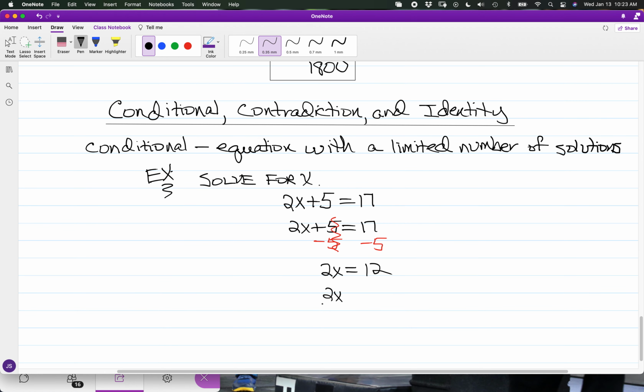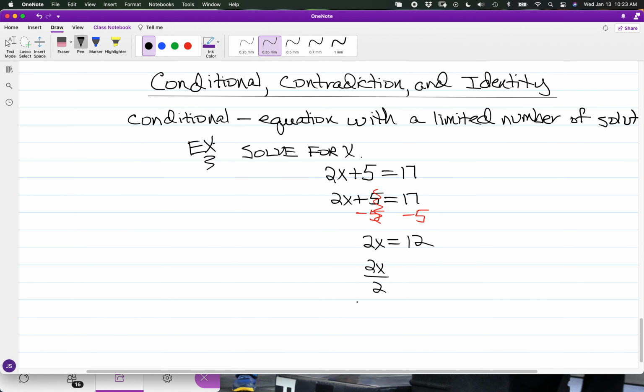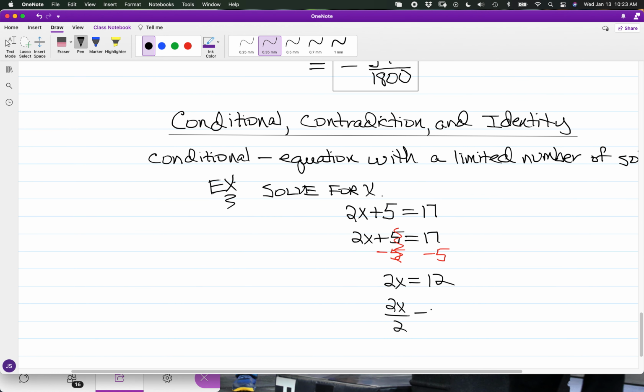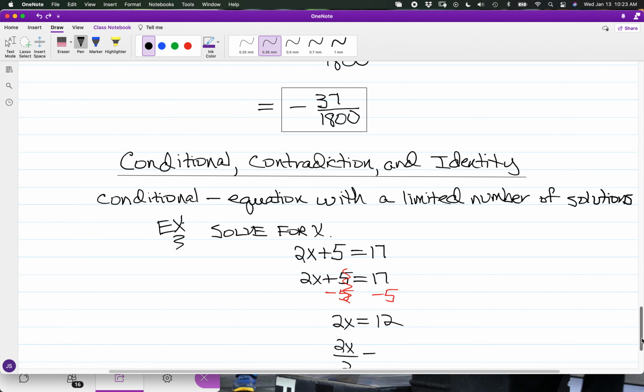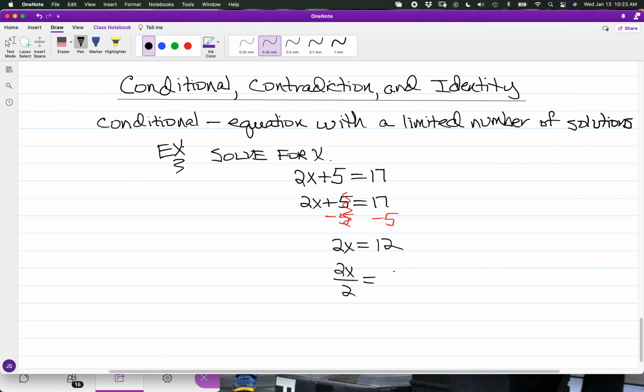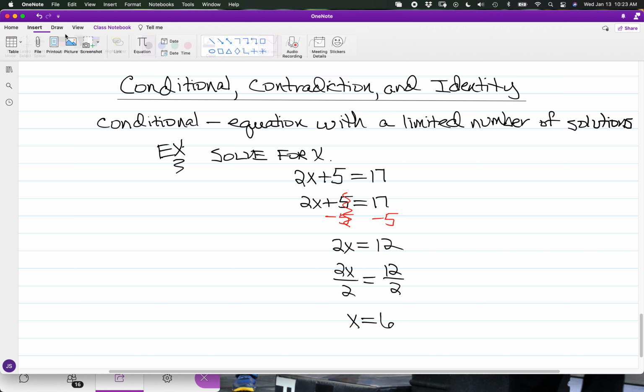And then undoing the multiplication by 2 upon dividing. So you have 2x over 2 is equal to 12 over 2. And so x is equal to 6. Okay, so this is going to be a case of what we have with the conditional.